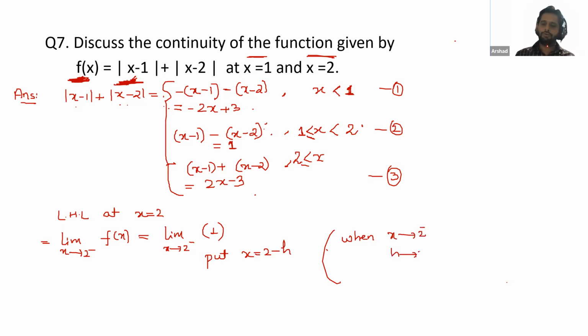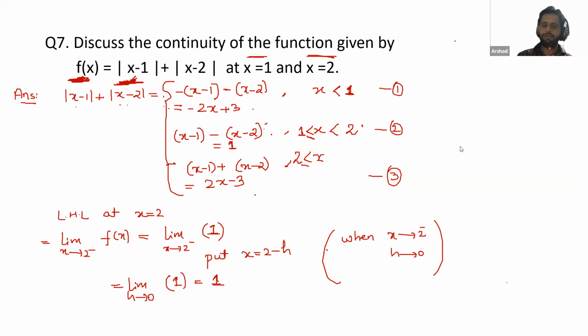So here you will get limit h tends to 0 of 1 only, because we don't have any variable to put in place of x. So what answer will we get? 1. So LHL we get as 1 here.